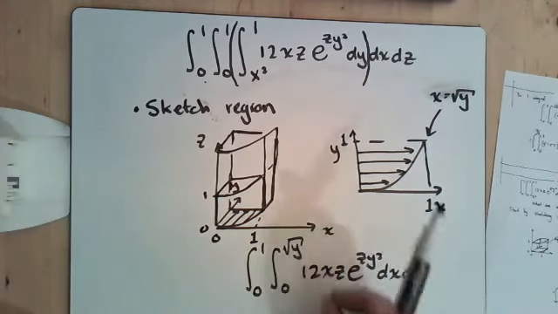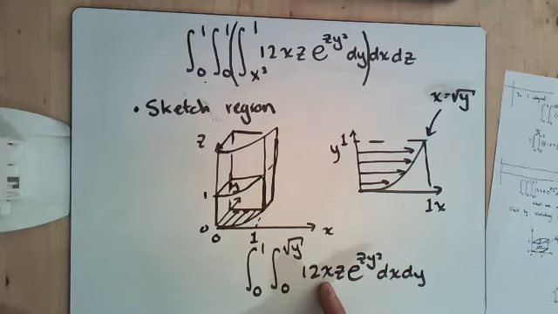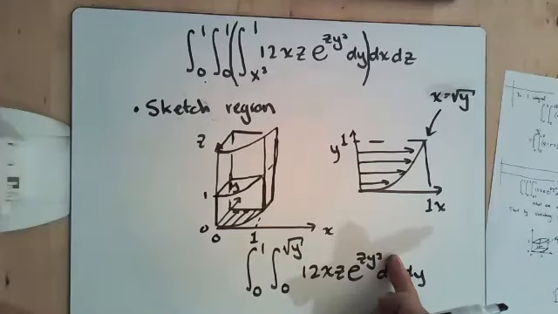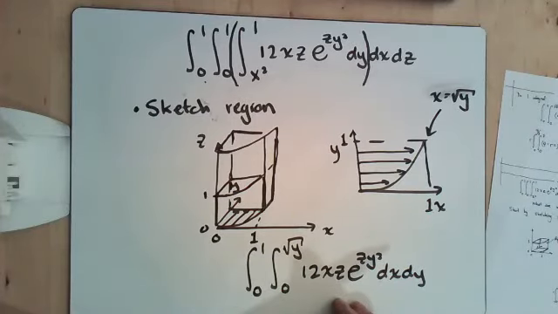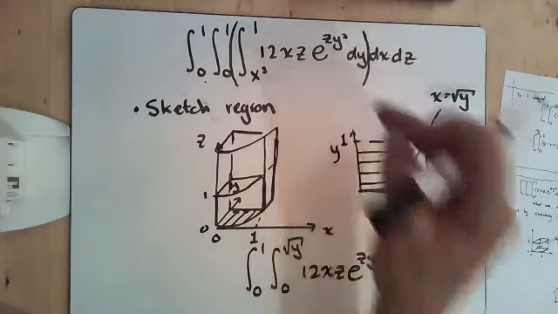Well, when I integrate with respect to x, I get an x squared over 2 here. But the important part is the x squared. Because when I now evaluate it at the square root of y, I'm going to get a y e to the zy squared. That allows me to do a substitution and solve this integral, whereas previously here, I couldn't integrate the e to the zy squared.